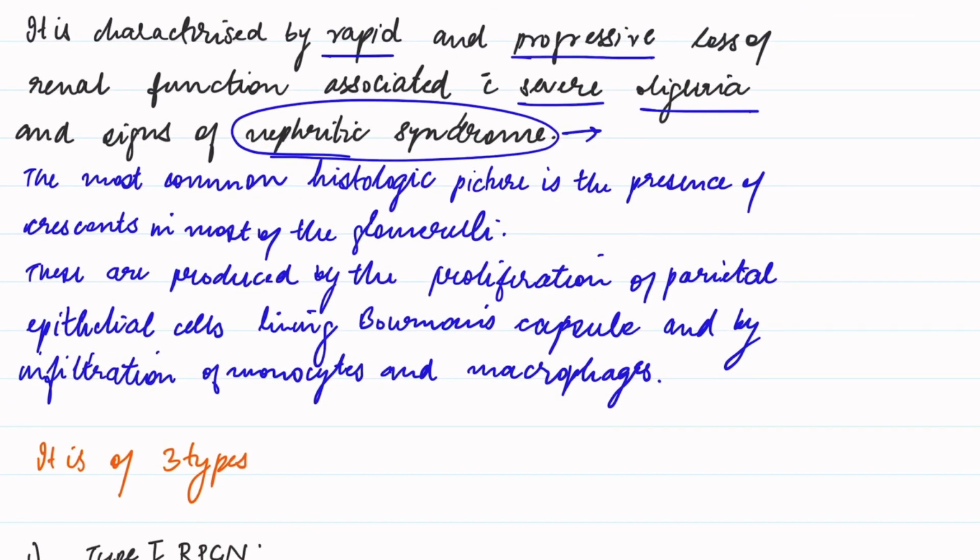Okay, the most common histological feature is the presence of crescents in most of the glomeruli. Now you need to know these crescents are made up of parietal epithelial cells lining the Bowman's capsule and by infiltration of monocytes and macrophages.